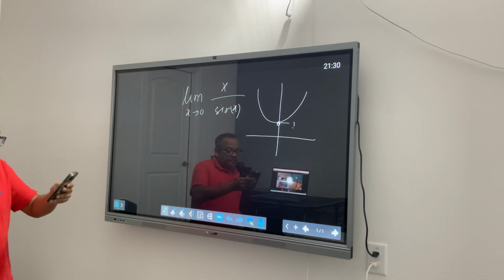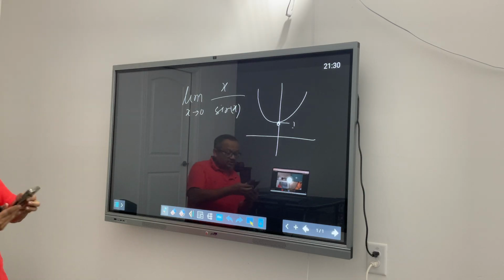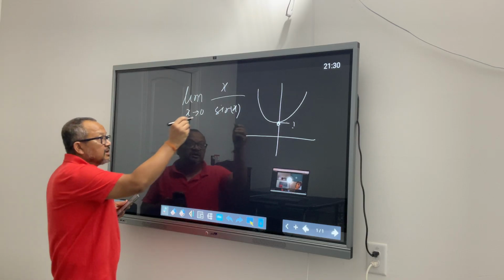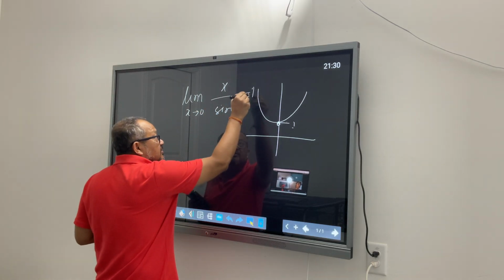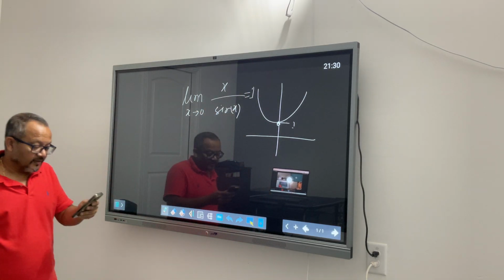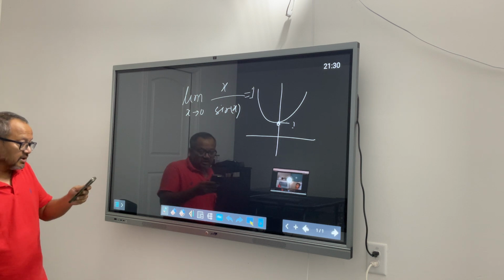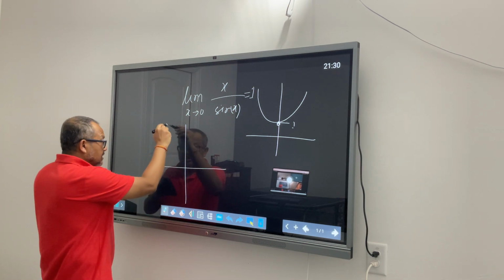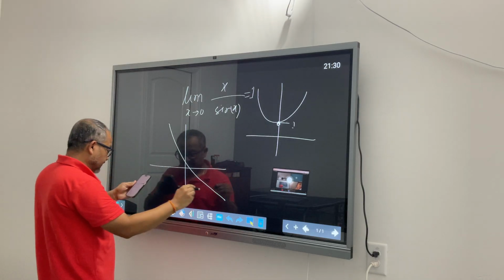So it says to prove that the limit of x over sine of x is equal to 1, that this is the value of this function for x approaching 0, somebody has used a graph like this.